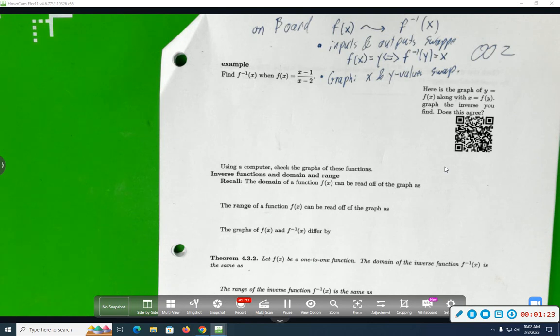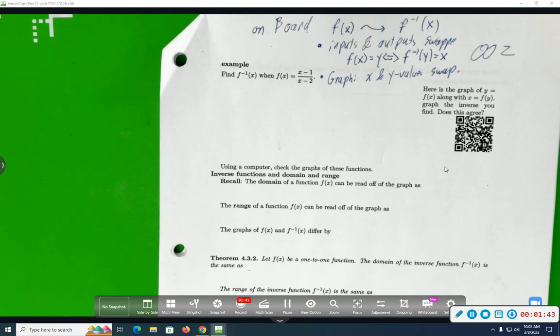So the input and output values have been swapped. That means on a graph, the x and y values will swap, because x is our input values, y is our output values. To algebraically find a formula for the inverse function, we'll swap the roles of inputs and outputs, and then solve for the thing that's supposed to be the output.